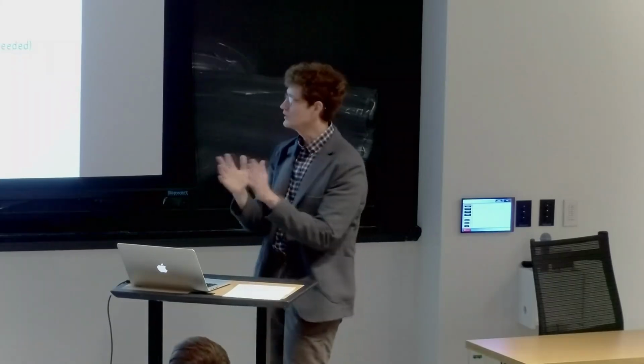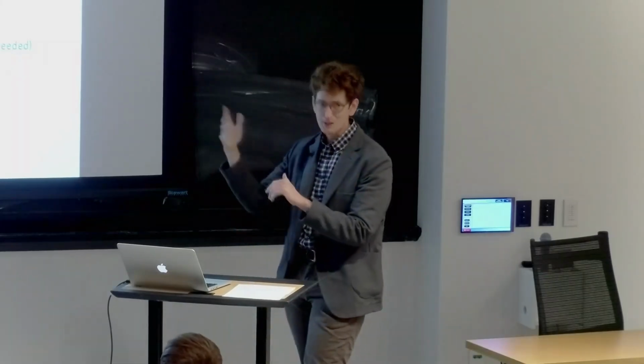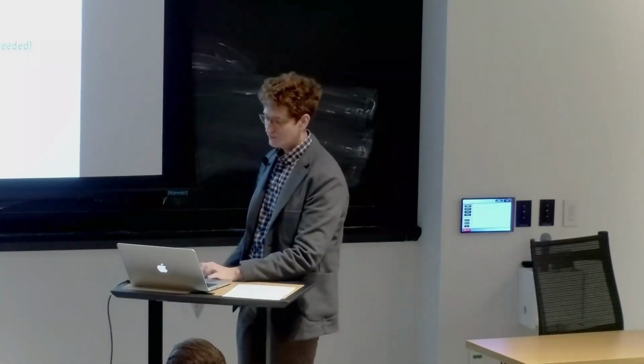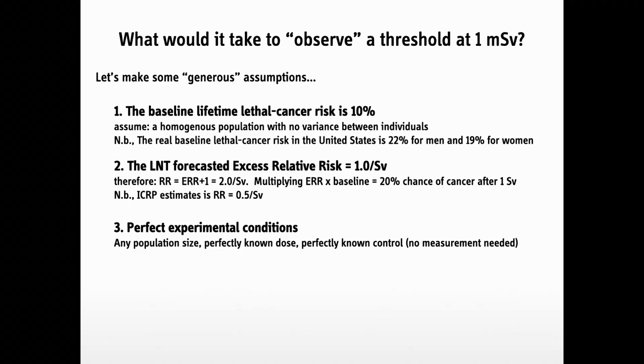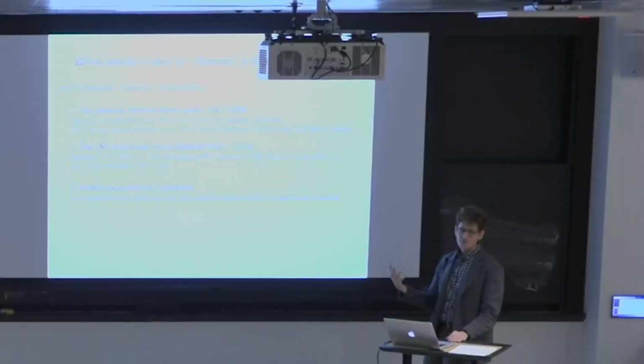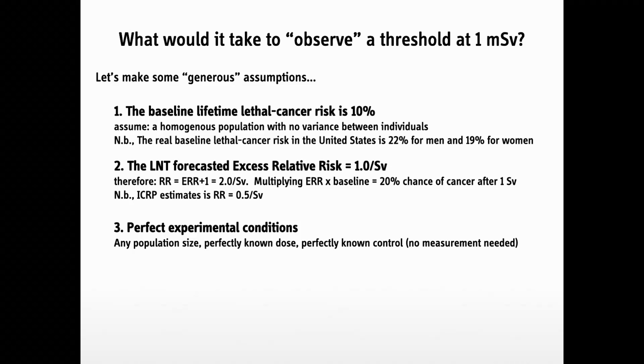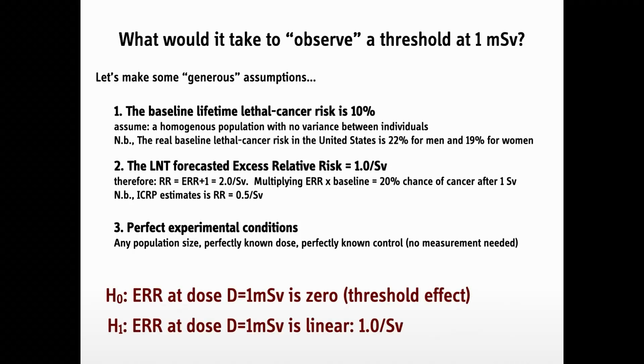We have exactly the right number of identical individuals, and we're going to expose them all to the exact and unambiguous amount of dose, which again is making the experiment artificially easy. So we have made all of these generous assumptions that will cause us to underestimate the difficulty of actually looking for a threshold. All right, so now we have some hypotheses.